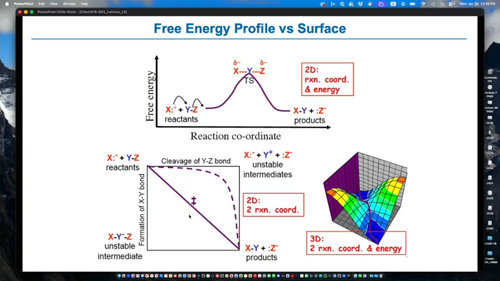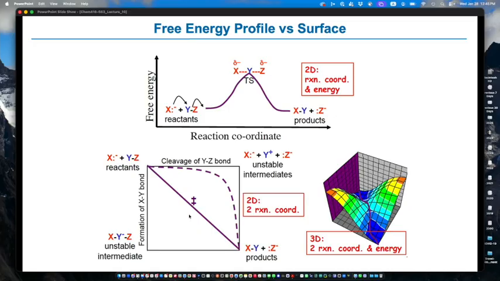If hydroxide's my nucleophile, we're going to call hydroxide my X. Isopropyl chloride, this is my Y, that's my carbon species. The thing that I'm leaving or breaking, chloride, is my Z. Okay?